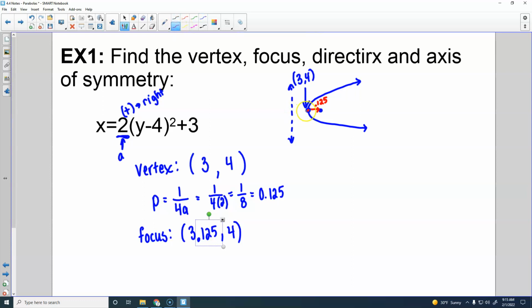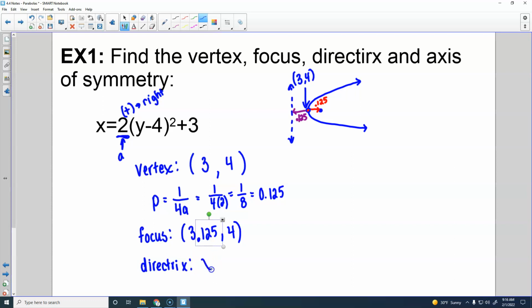My directrix is going to be that same distance, but to the left. And so, for my directrix, this is a line, and it is a vertical line. Vertical lines, what do their equations look like? It's x equals a number.